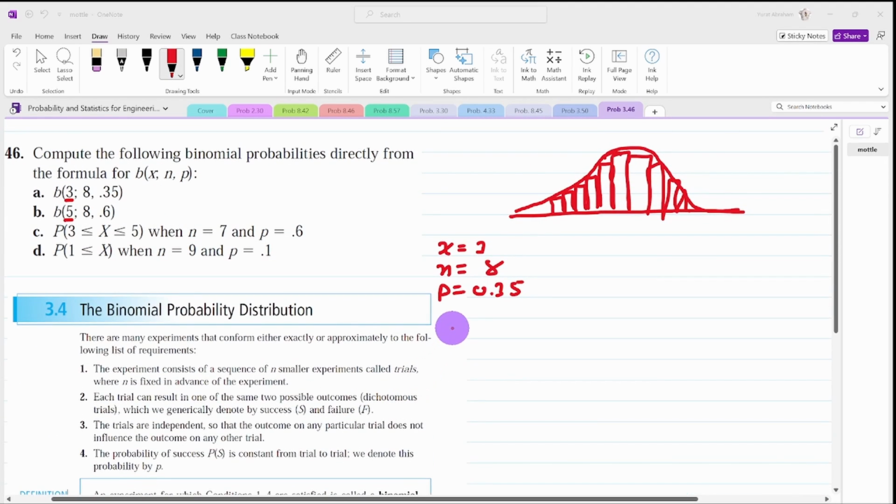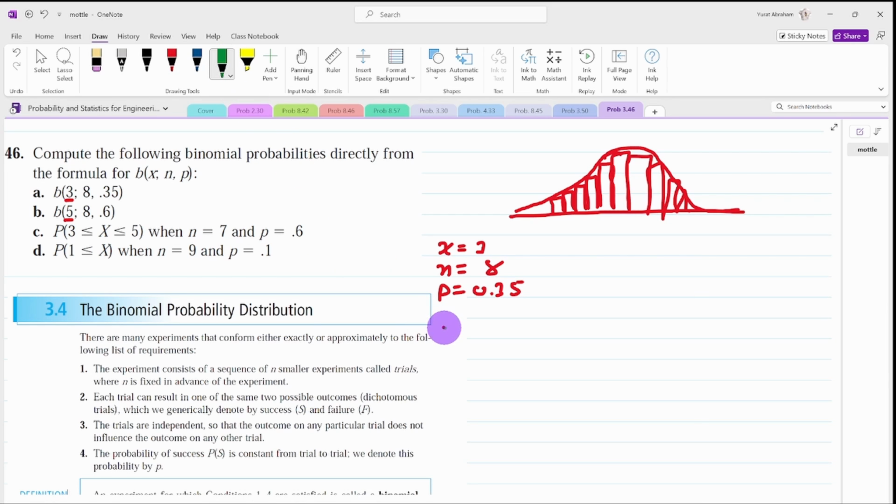So let's write this down. We're going to have n choose x, times p to the x, times 1 minus p to the n minus x. Sorry, I'm trying to keep it a little bit organized.